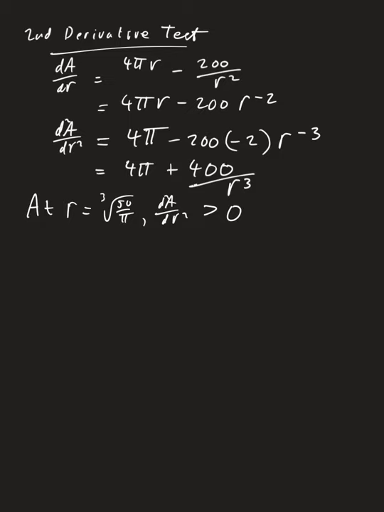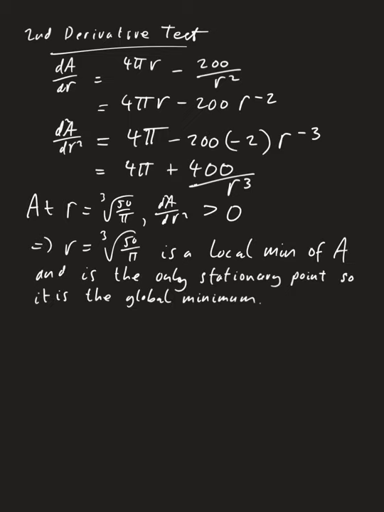A second derivative greater than 0 at a stationary point tells us that we have a local minimum. So r equal to the cubed root of 50 over pi is a local minimum of the area. And it's the only stationary point, so it's actually the global minimum, at least for positive values of r, which of course r has to be.